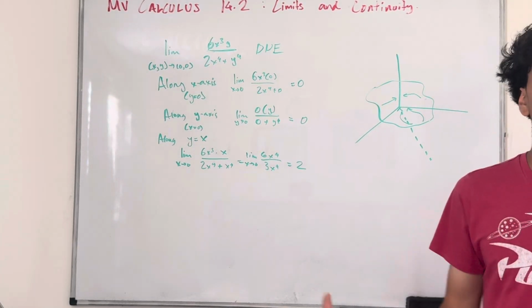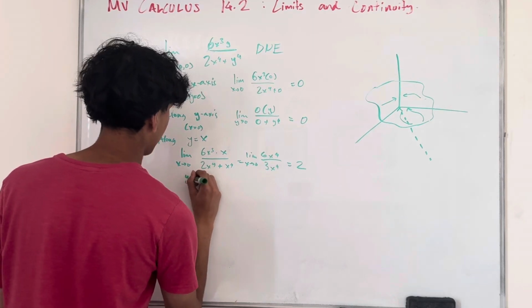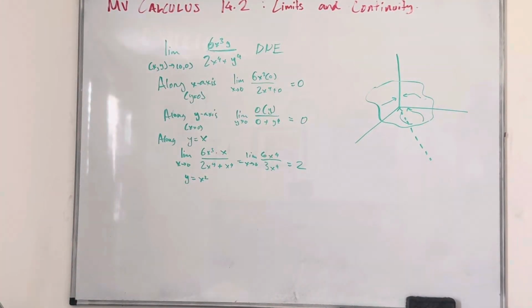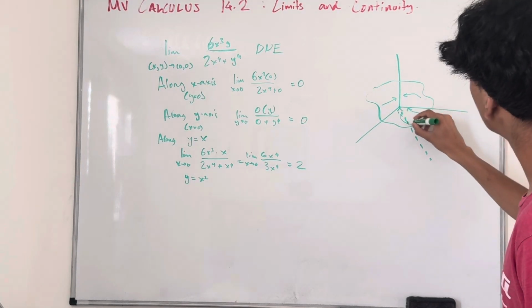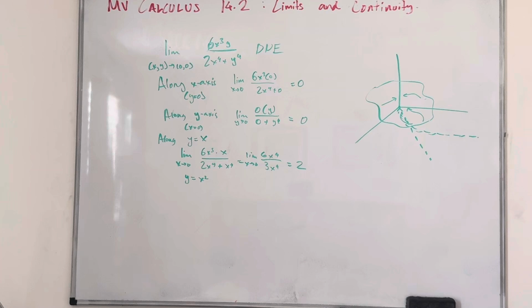There are an infinite amount of paths. Couldn't I have done y equals x squared? Let's try that. Let's go along the parabola, which visually would look something like this. It's like that parabola, y equals x squared.